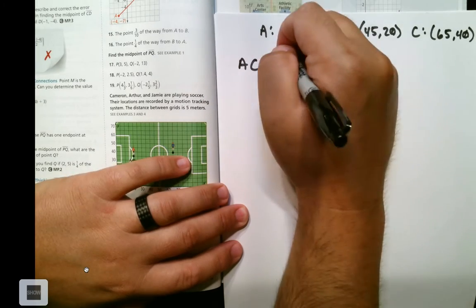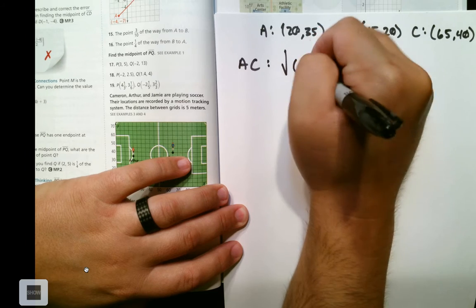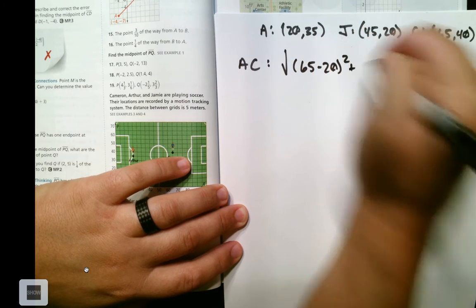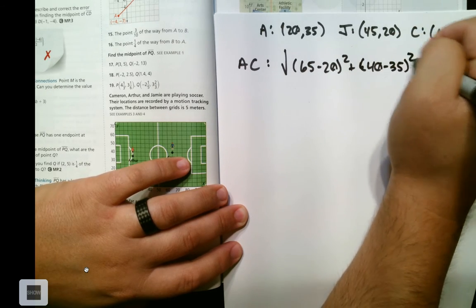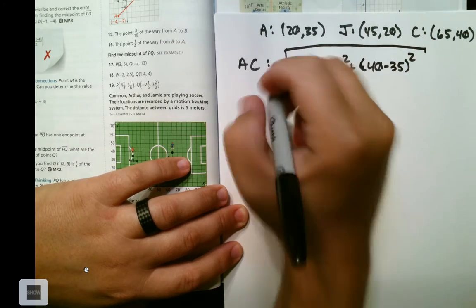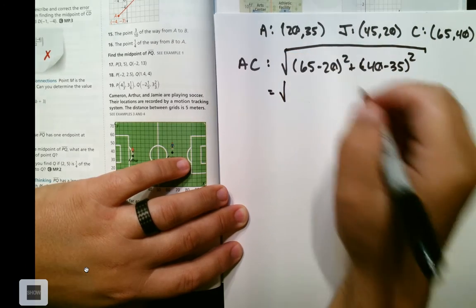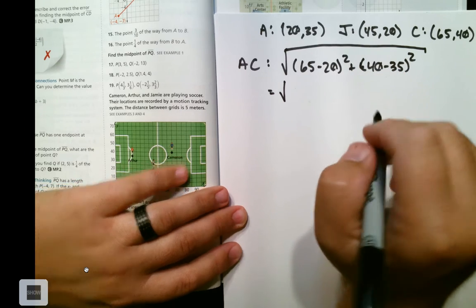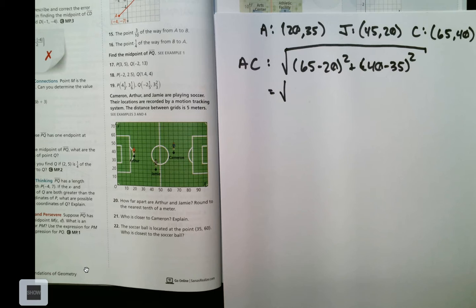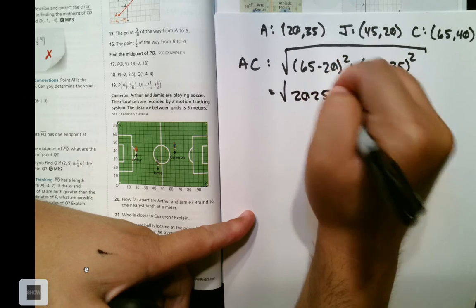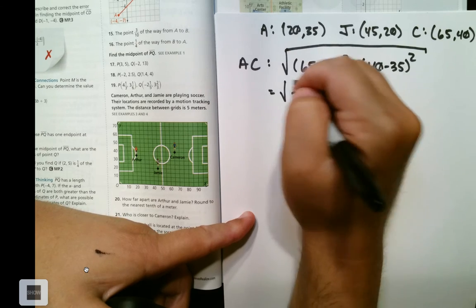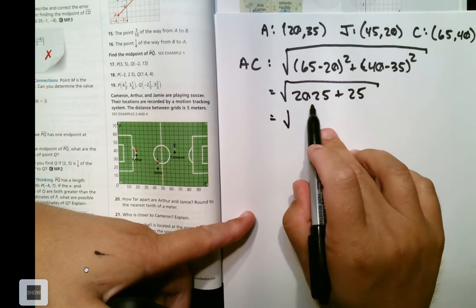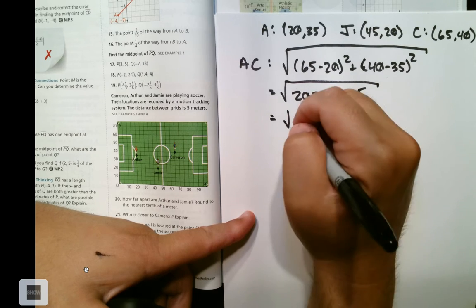So the distance would be the square root of 65 minus 20 squared plus 40 minus 35 squared. 65 minus 20 is 45. 45 squared, 2,025. 40 minus 35 is 5. 5 squared is 25. So 2,025 plus 25 is 2,050.